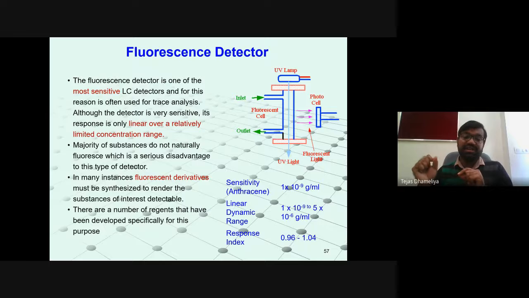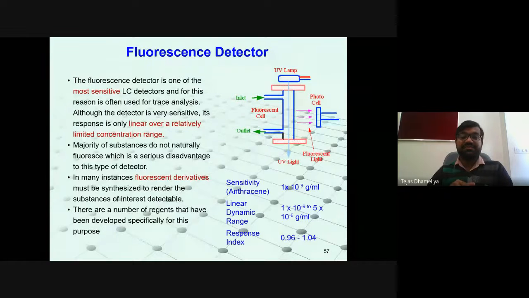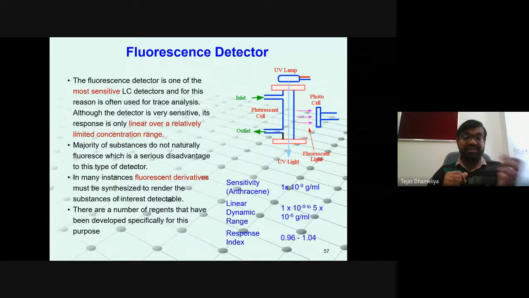Minute level of quantity using fluorescence. It is most sensitive. Nanogram, even if you go for weighing a nanogram on a weighing balance, it is hard to measure this concentration. Okay, so the fluorescence detector is used for this purpose.